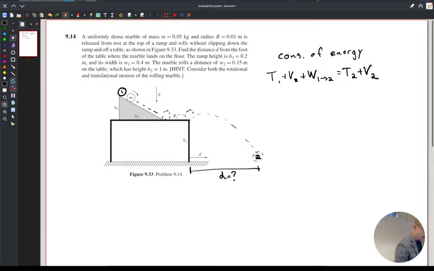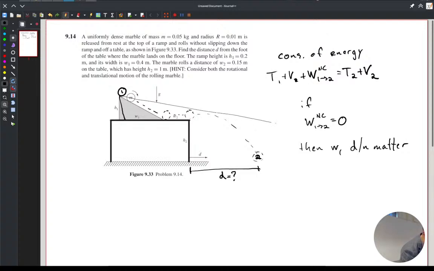So if we say that work is 0, whether this ball rolls down an almost vertical ramp or it rolls down a ramp for 600 meters, it wouldn't matter, right?